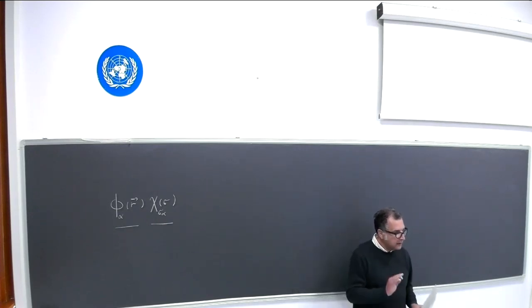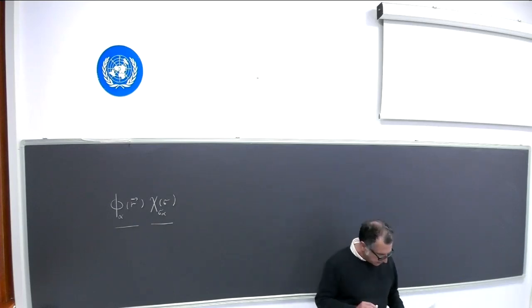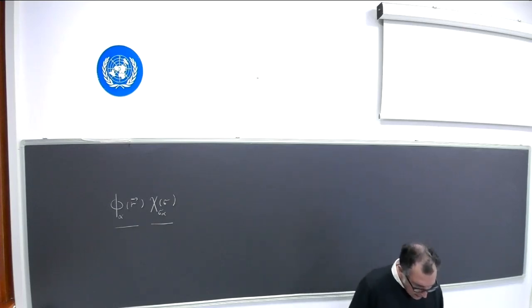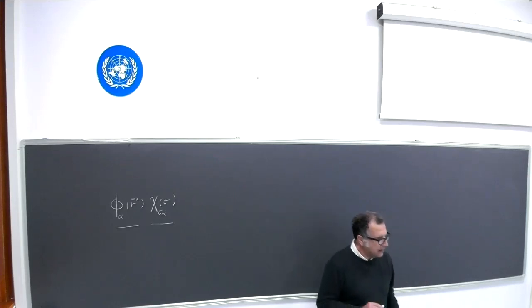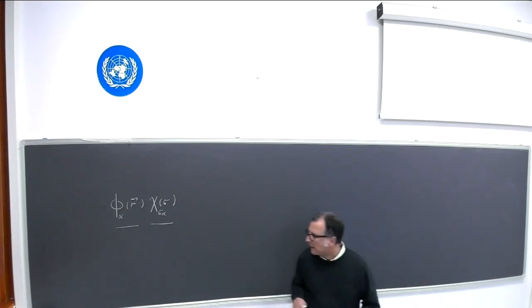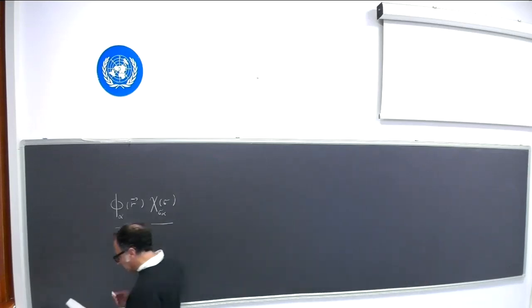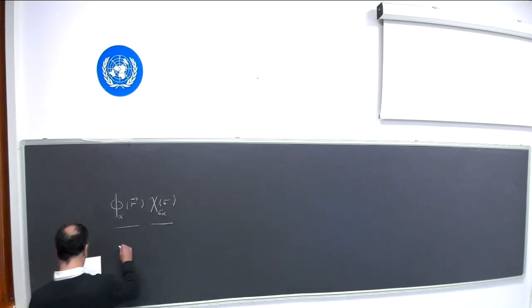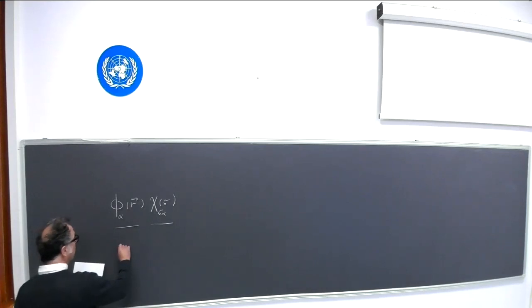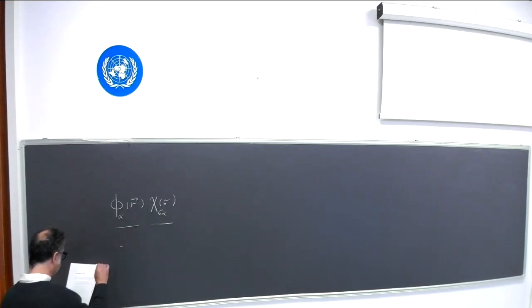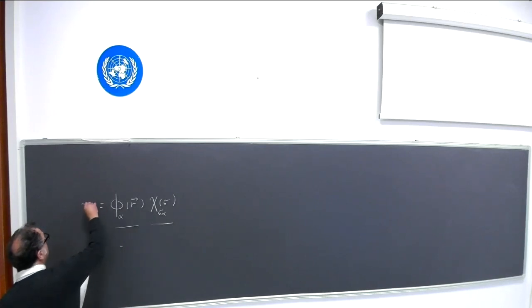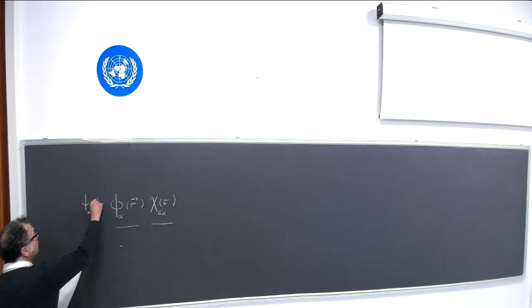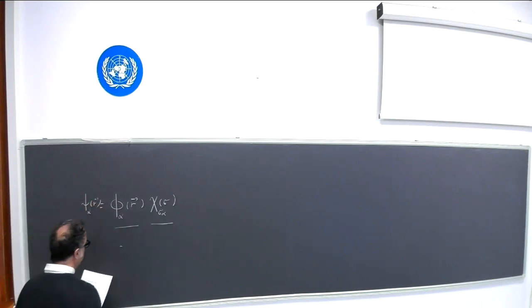For the moment, let's ignore it. If this is the case, then the wave function can be written as, let's call it psi alpha of r. So this includes both.